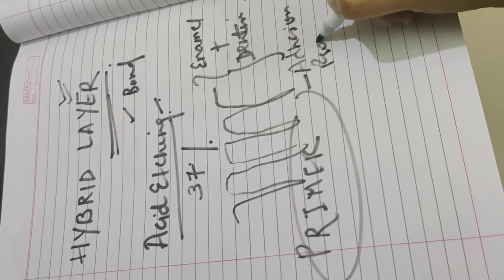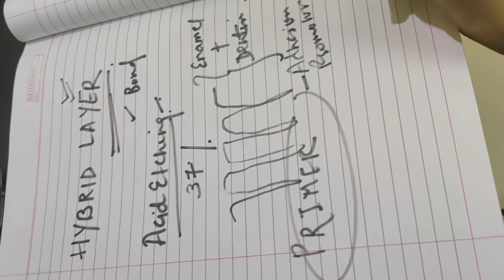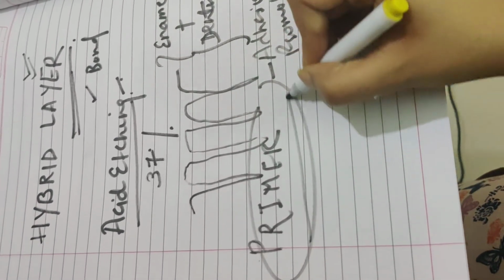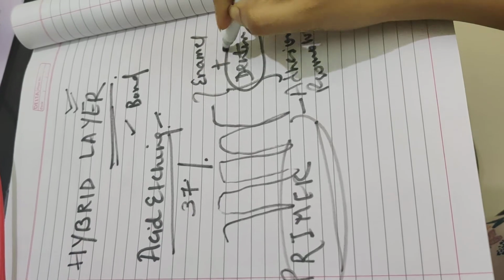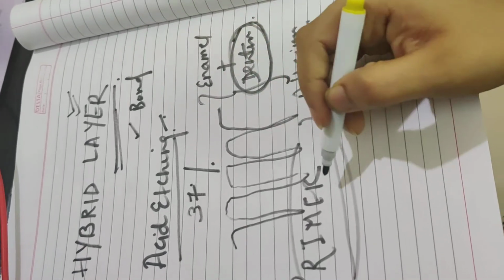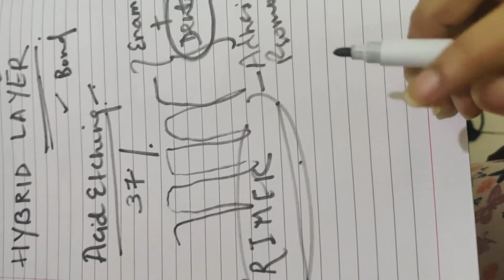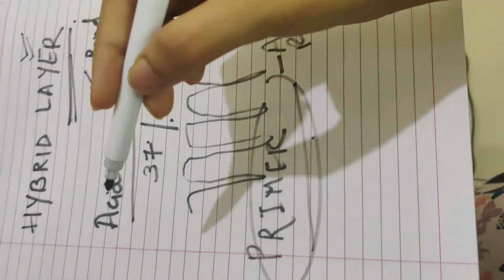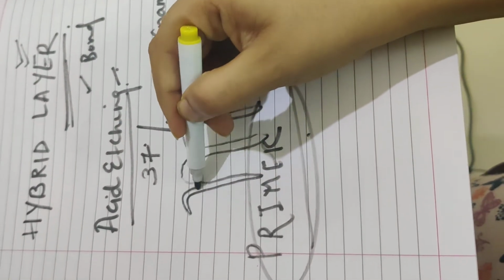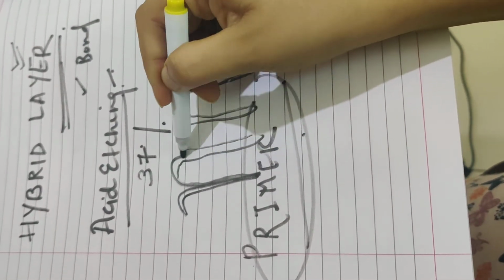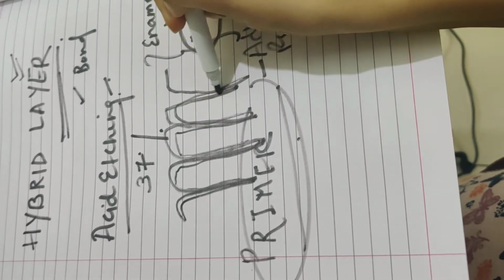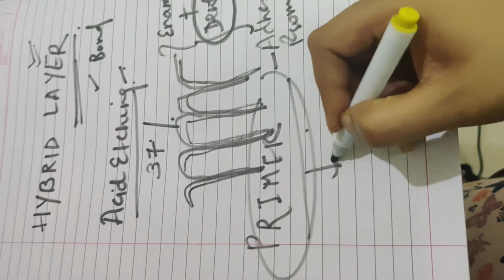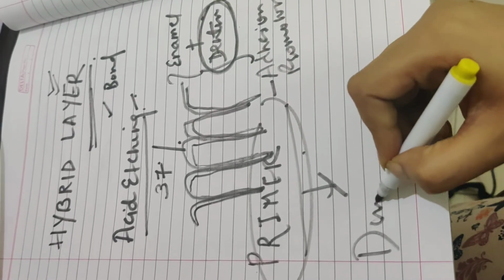It is a hydrophilic monomer, hydrophilic because the dentine has water content. So a primer is a hydrophilic monomer which infiltrates these microporosities. And after the application of primer, we apply the dental adhesive.